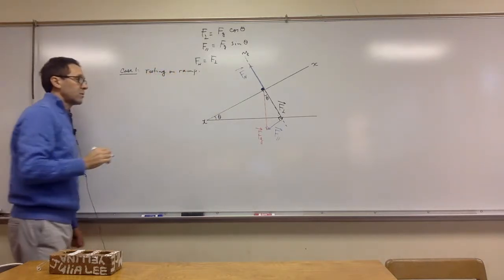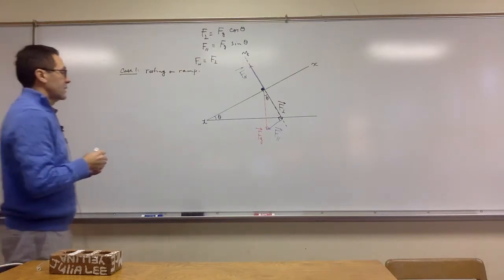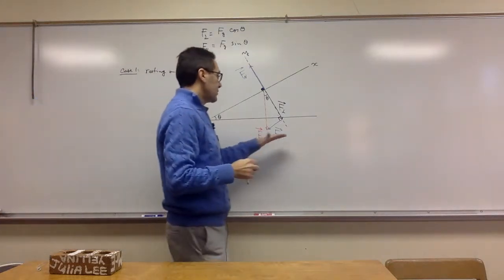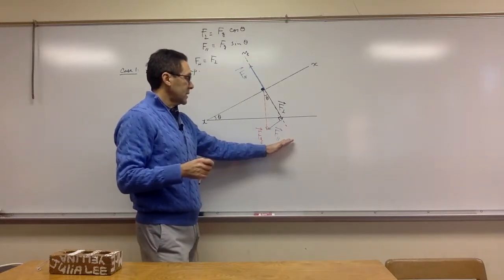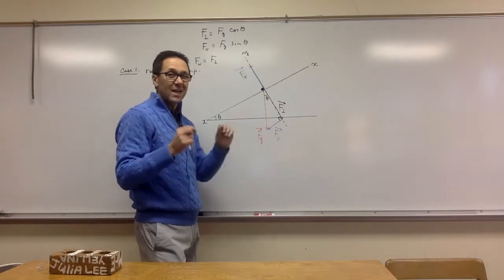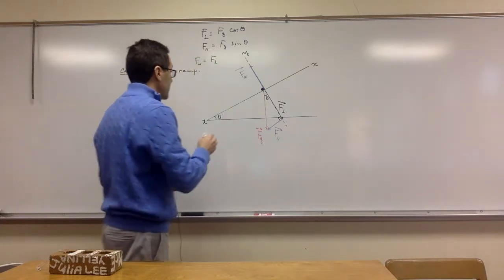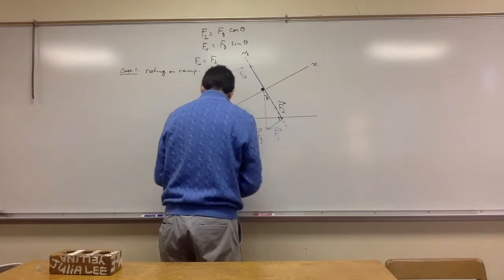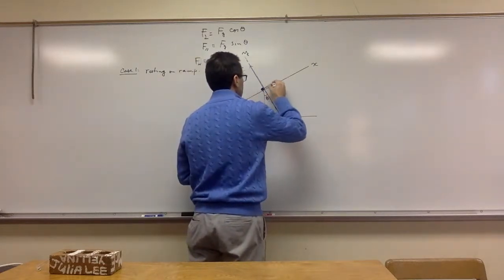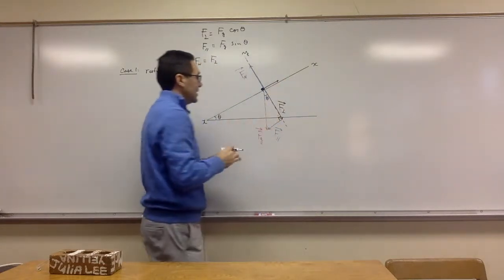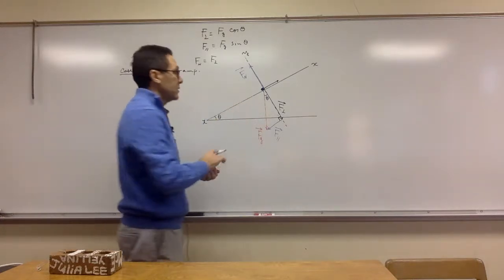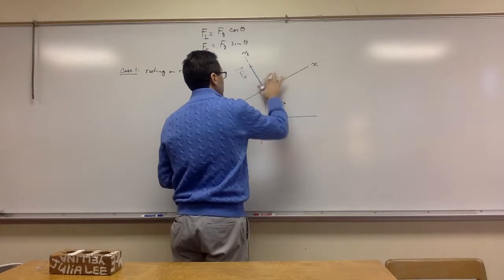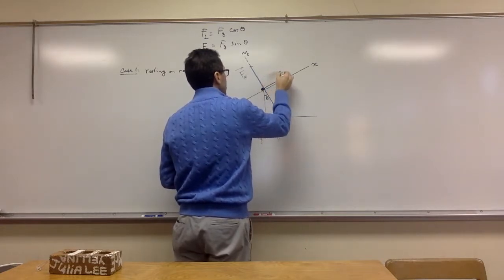If you're resting on the ramp, there's got to be a force opposing F parallel, and it has to be equal in magnitude, and that force has to be friction. So it's got to be some friction here because the object has the tendency to go down the ramp, but something is preventing it. So this is the force of, actually, I'll call it lowercase f.